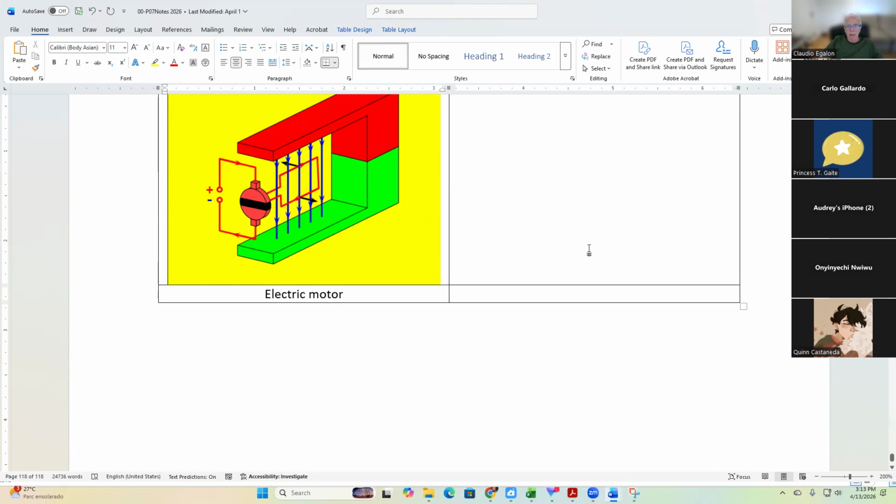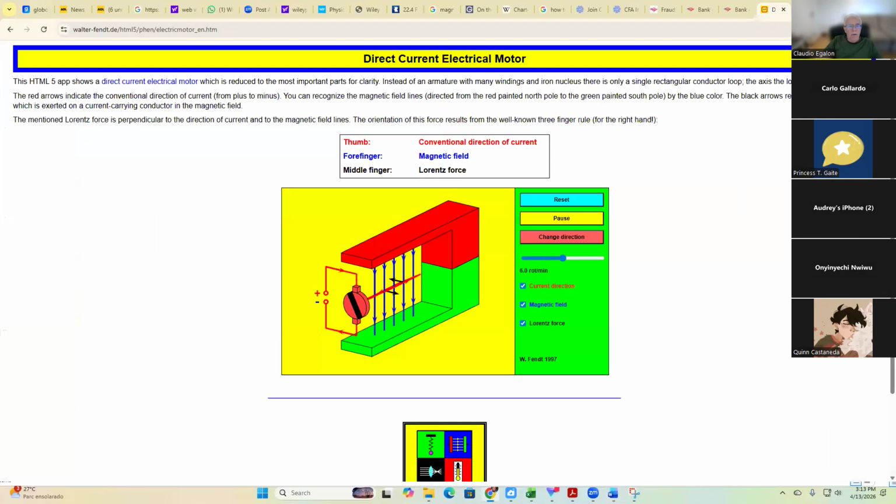Electric motor, electric generator. Electric generator.